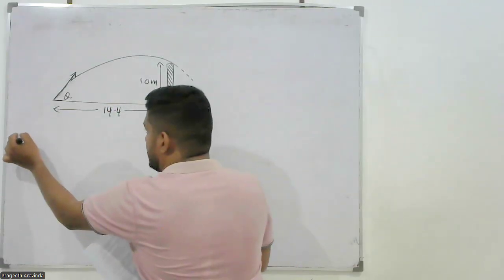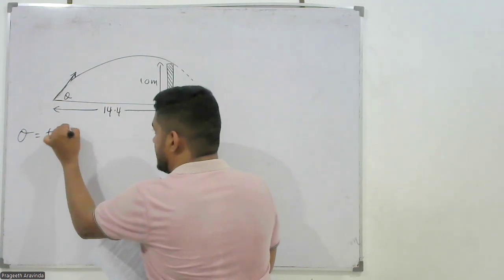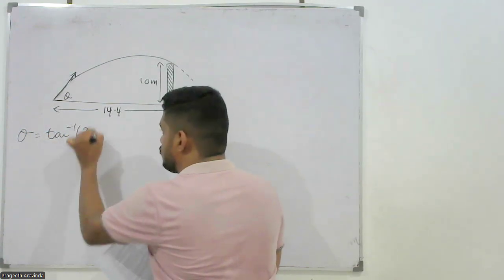Theta equals tan inverse 3 divided by 4.